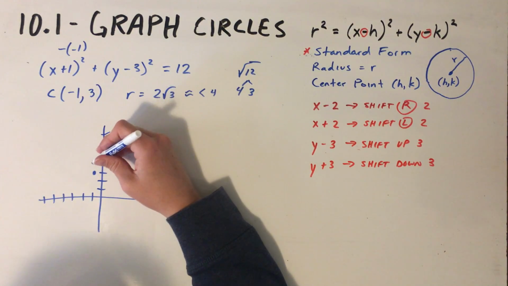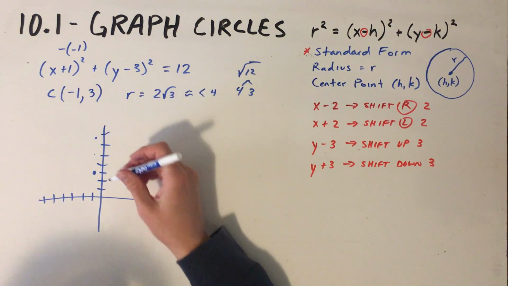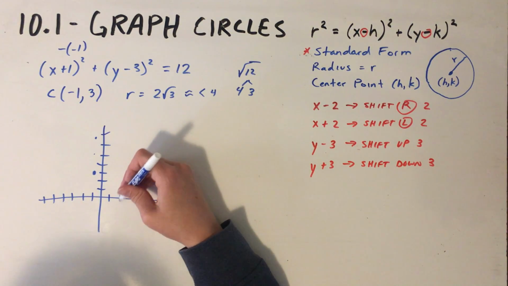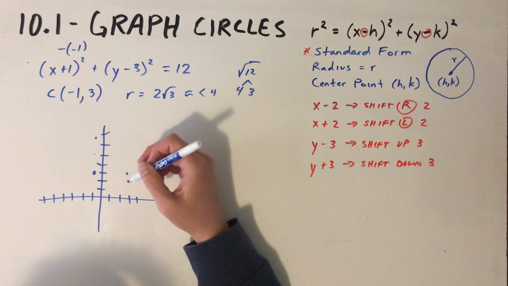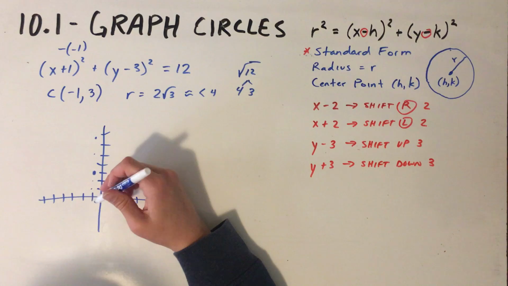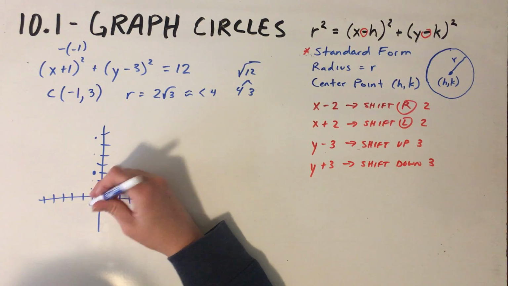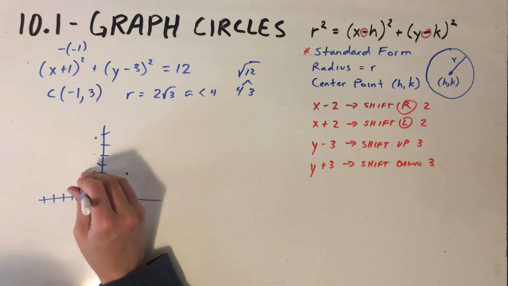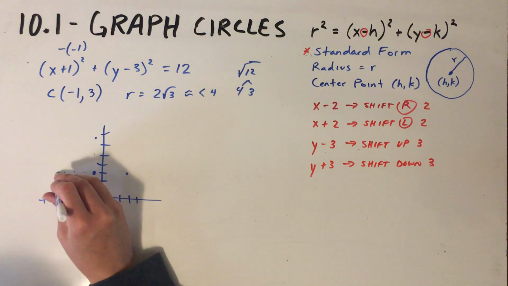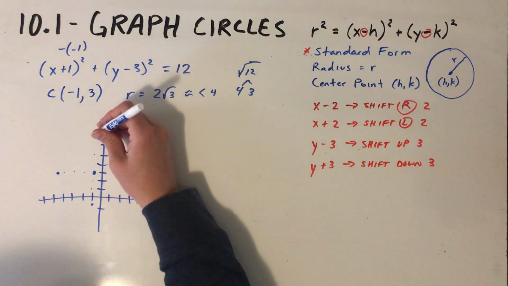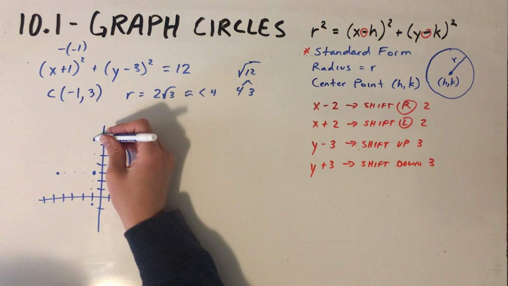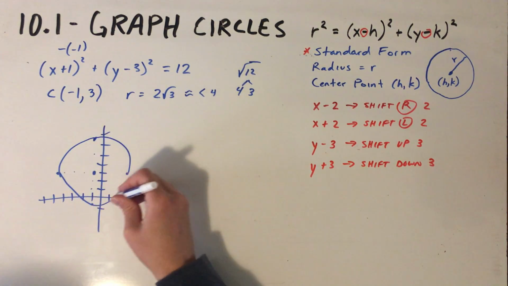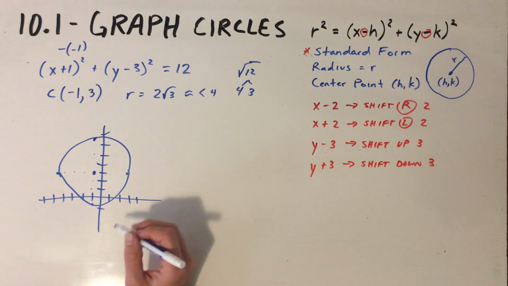So let's say 1, 2, 3, and some, and then we've got 1, 2, 3, and some. Again, that distance of the square root of 12, we don't know what that is exactly. Wow, that was the most pitiful circle.